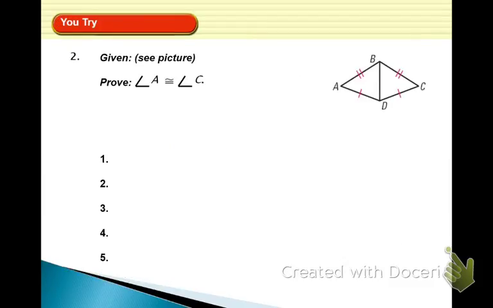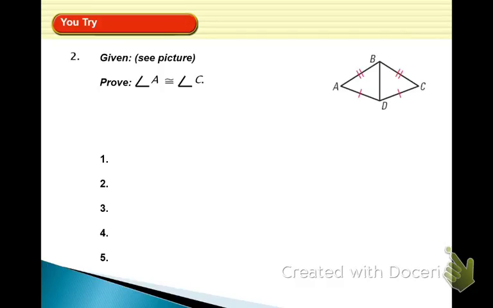All right, here's the given; it says to see the picture. And we have to prove that angle A is congruent to angle C. So what do you think my first two statements are going to be? What usually goes first in a proof? The given.